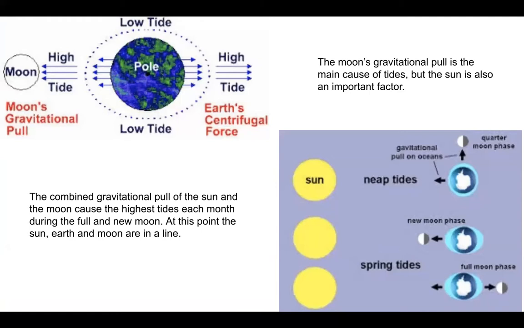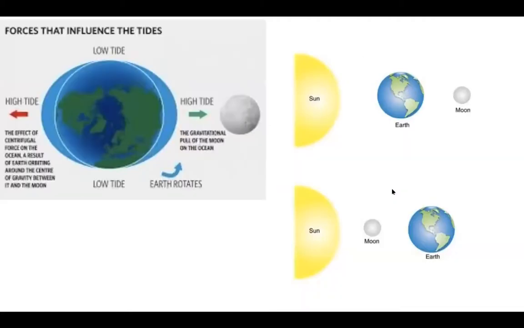So here we can see that the sun and the moon are both acting at the same time on the Earth. So high tides are caused when the sun and the moon are in a line, okay?